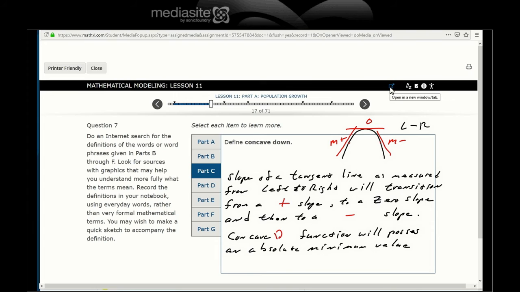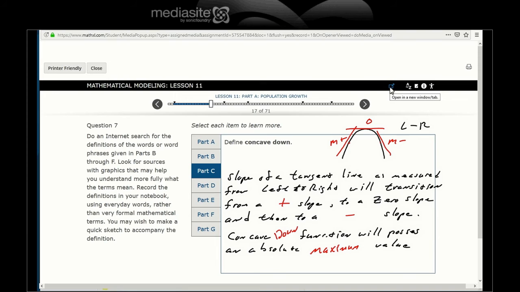A concave down function will possess an absolute maximum value as it changes direction.